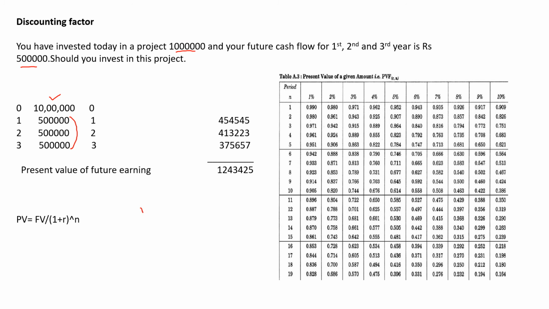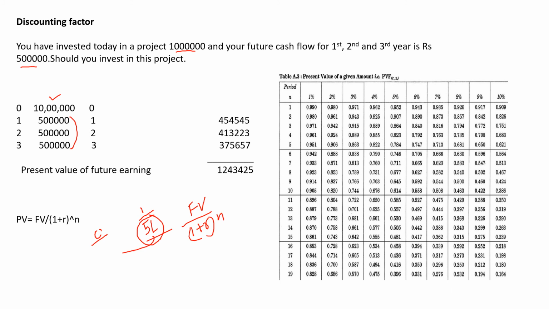See this, for the first year I am receiving 5 lakh, yes, but the present value of these 5 lakh today is how much? Is it 5 lakh? It is not 5 lakh. So how much is the present value of this 5 lakh? How will we be finding it out? By using this formula: future value divided by (1 plus r) to the power n.